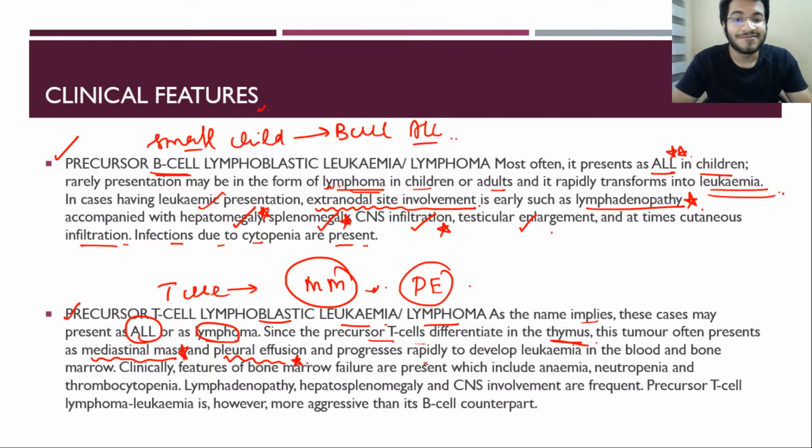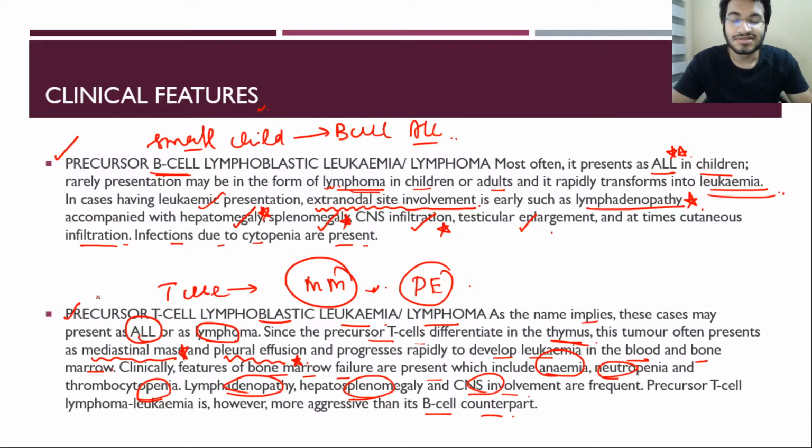And it progresses rapidly to develop leukemia in the blood and the bone marrow. Clinical features of bone marrow failure are present, which include anemia, neutropenia, thrombocytopenia. Then the patient will be having lymphadenopathy, hepatosplenomegaly, and CNS infiltration as well. Precursor T cell lymphoma or leukemia is however more aggressive than its B cell counterpart.